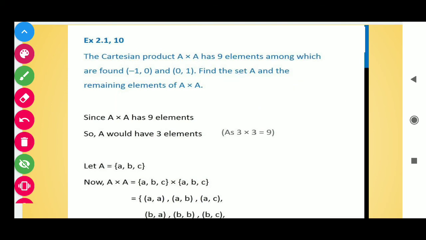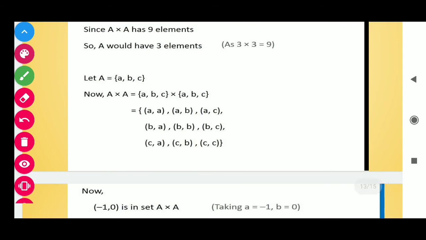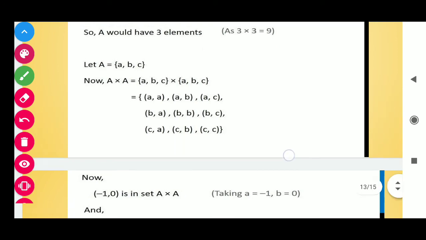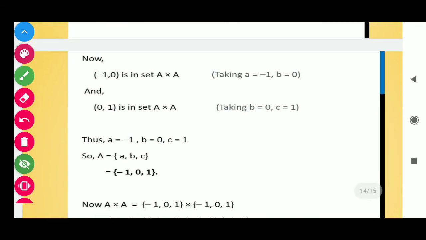So in this way we get the A set. So students, you can see the solution here. Since A cross A has 9 elements, A would have 3 elements. Let A set contain a, b, c, so its Cartesian product is a, b, c with a, b, c. You can see that the Cartesian product of the set with itself contains 9 elements. Now (-1, 0) is in A cross A and (0, 1) is in A cross A as well.